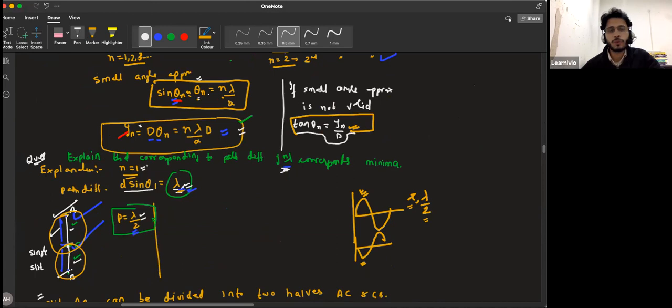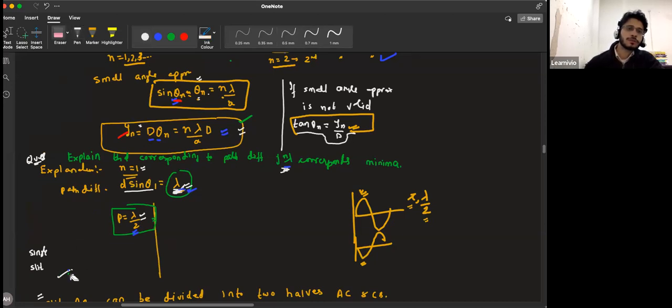So let's take n equal to 1. When n equals 1, that means path difference is lambda. To explain this, see, this is your slit, single slit, AB. Slit width is a.